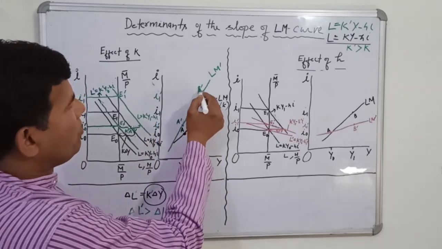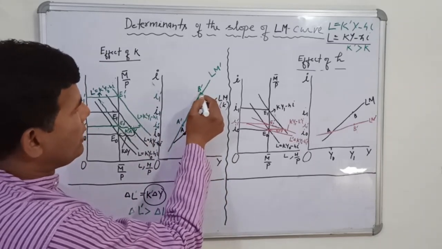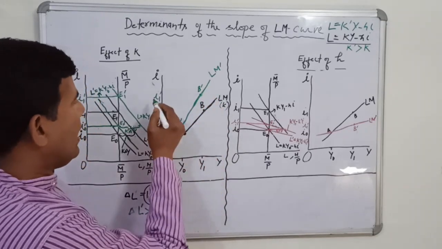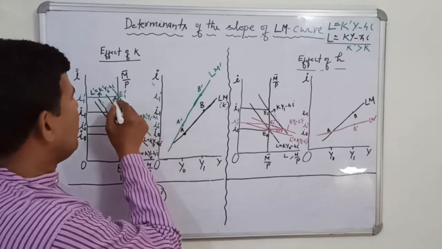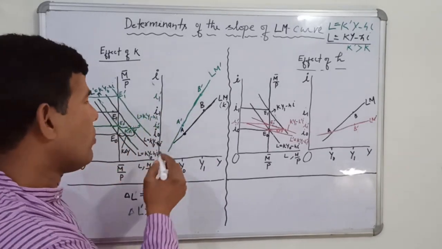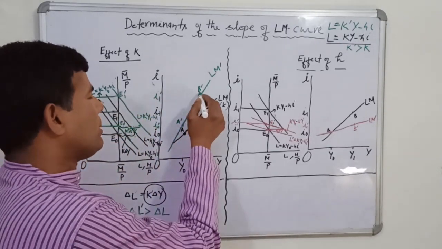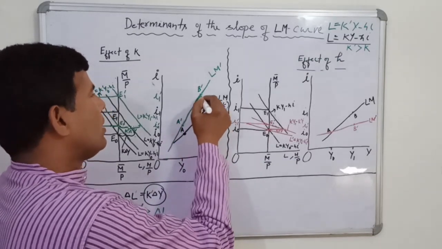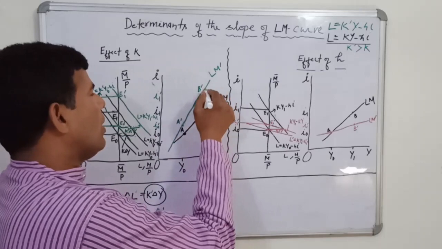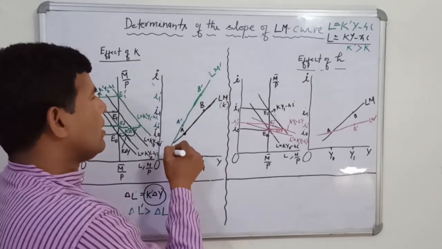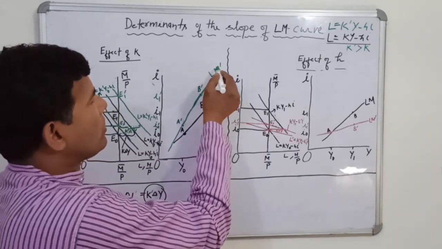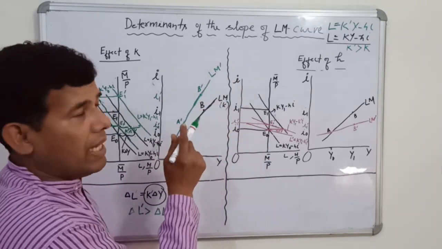So you get B prime as a new point, which shows the combination of Y1 and I1 prime at which the money market is in equilibrium. Now when we join A prime and B prime, the way we join A and B to derive the LM curve, we get a new line that we call the LM curve, and that new LM curve we are writing as LM prime.